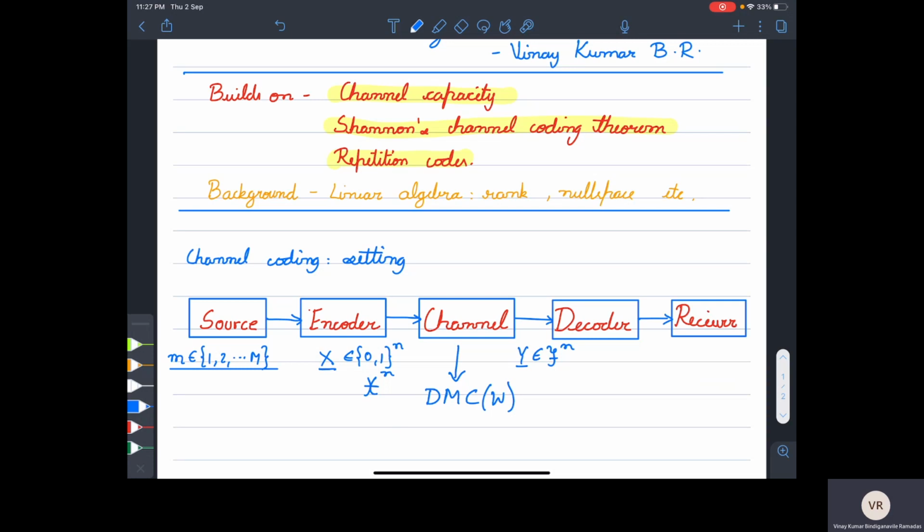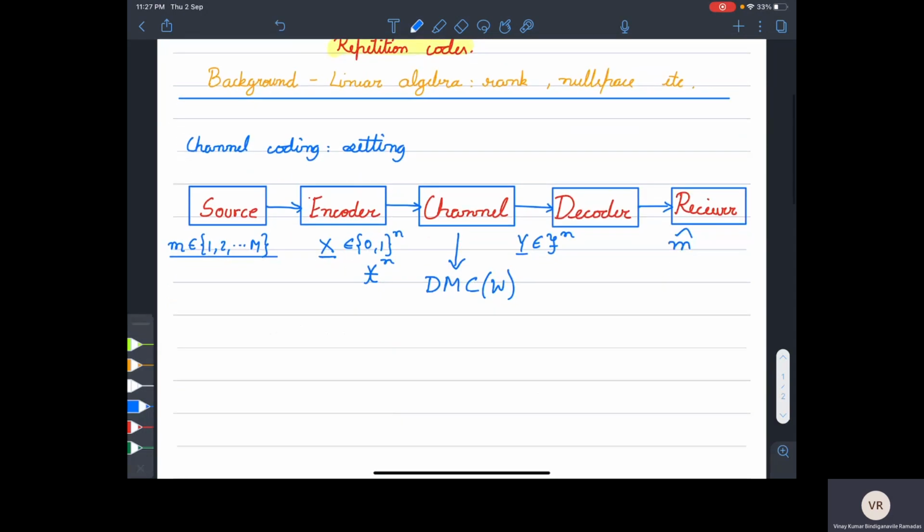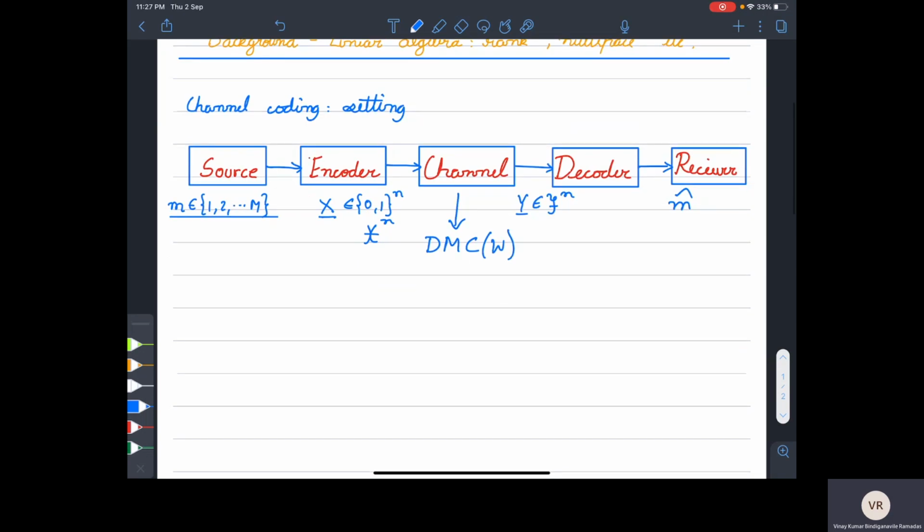The decoder outputs a certain m hat, which is the message that is received at the receiver. So this is the setting of channel coding that you had.